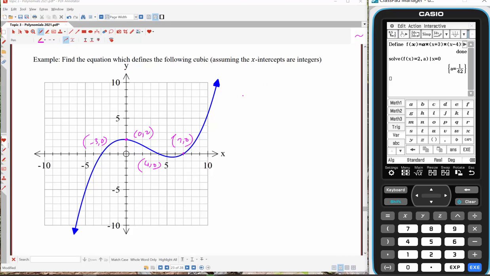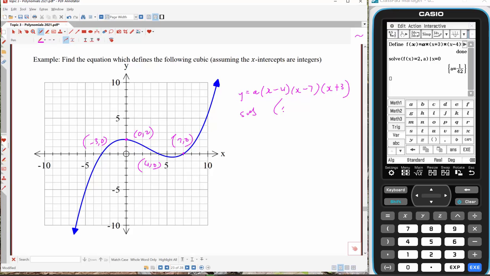Alright, so let's write it out. Y equals a, x take 4, x take 7, x plus 3. Then sub, so this would be CAS, this is the way you'd do this in a SAC or something like that.